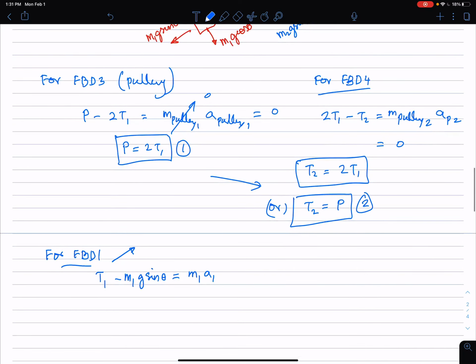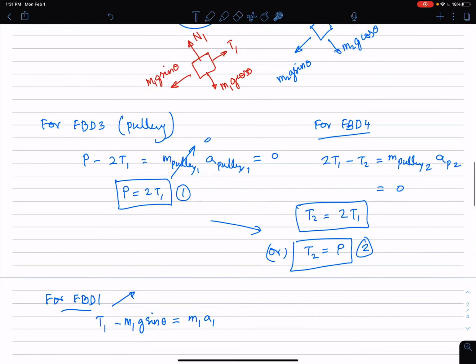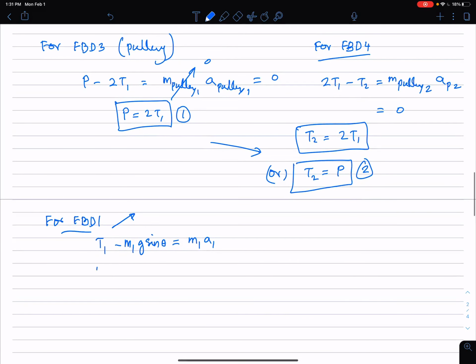Of course, perpendicular to the slope, we have N1 minus M1G cosine theta equal to 0, because it's 0 acceleration.